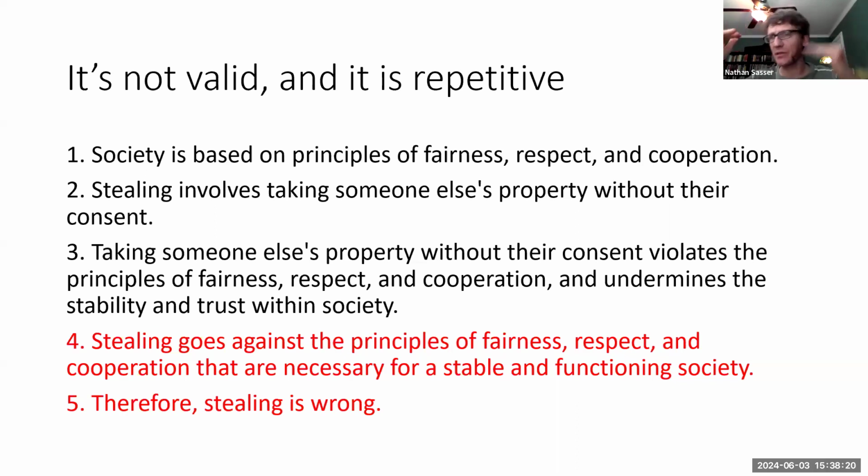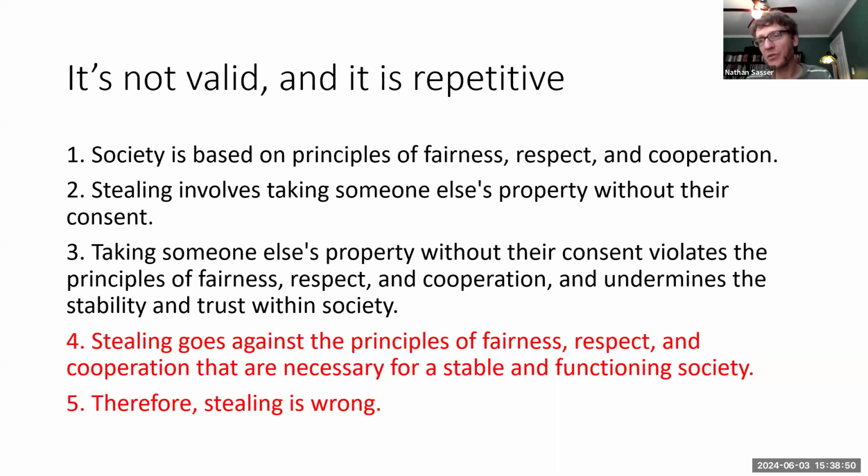Instead, you just got statements about stuff, therefore stealing is wrong. In fact, here's one clue why it's not valid. Nothing in any of the premises said anything about what makes something wrong. And yet the conclusion, well, stealing is therefore wrong, just drops in. That's not valid. There's nothing about the premises that necessitate the wrongness of stealing.